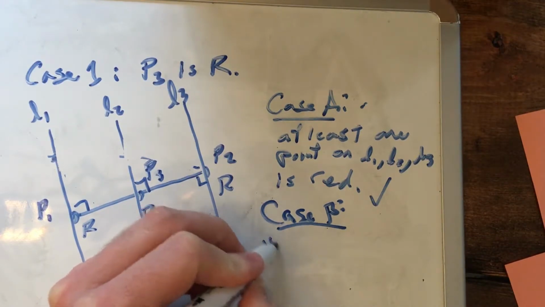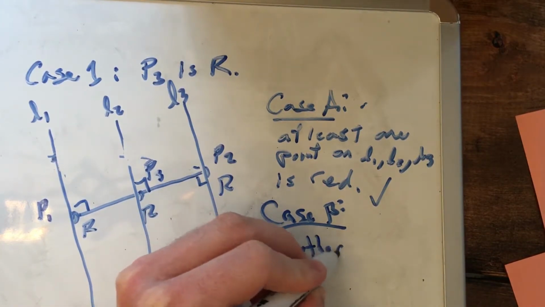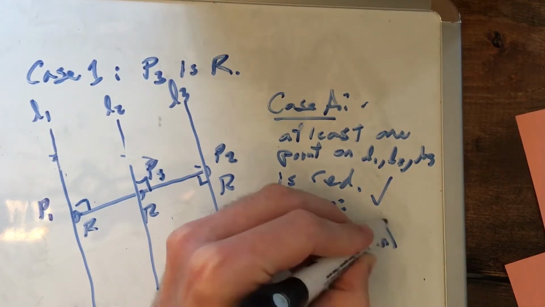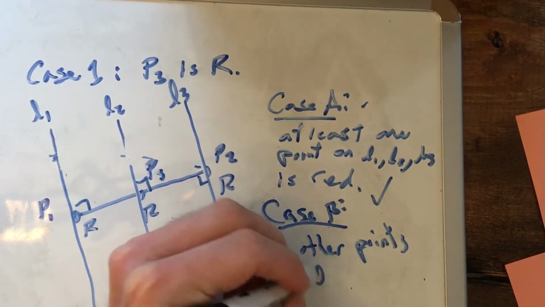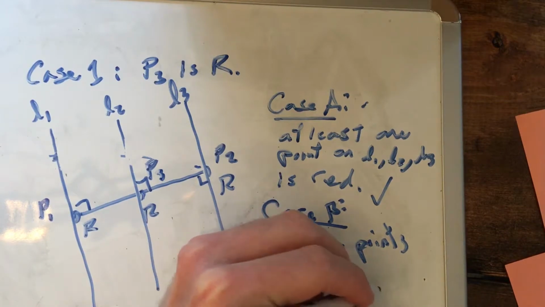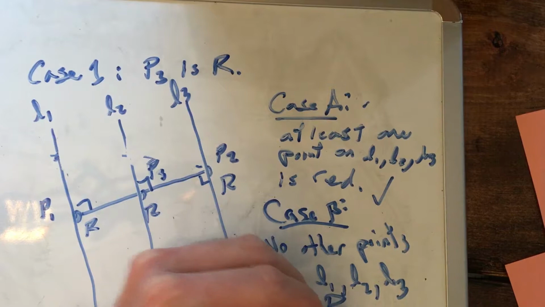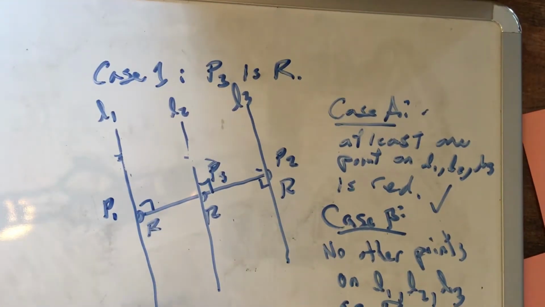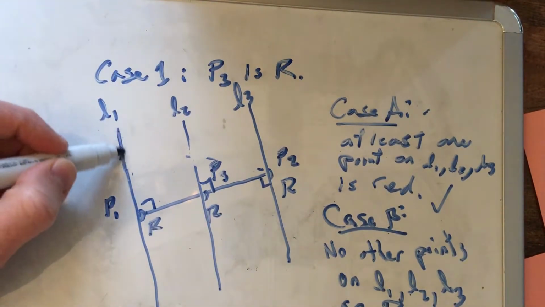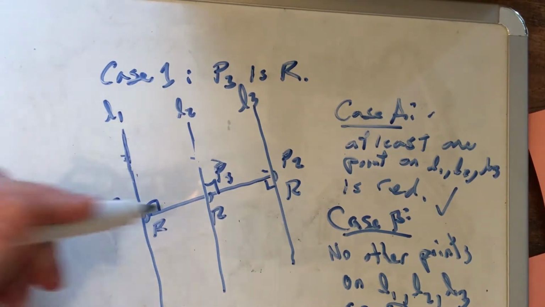Basically, no other points on L1, L2, and L3 are red, right? So that means that these have to be, say, all blue and green, right?